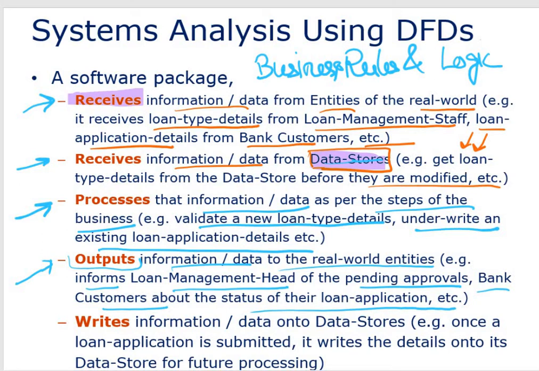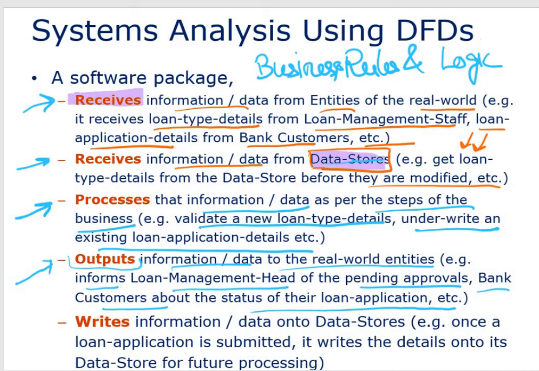Right, so you have applied for a credit card. The system has received it. Now the system needs to check the credit score. That means the system is receiving data from somewhere else and it is doing some processes. Now whether my application is approved or not, that will be in the form of the outputs.